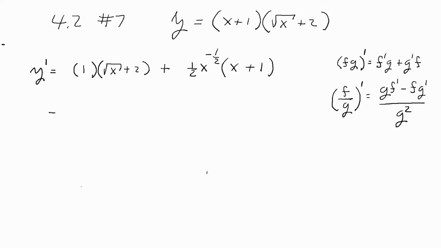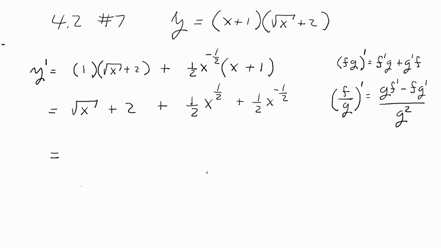If you simplify that, we get the square root of x plus 2 plus 1/2 times, now when I multiply x to the minus 1/2 times x, I just get x to the 1/2, okay? And then I get plus 1/2 x to the minus 1/2.